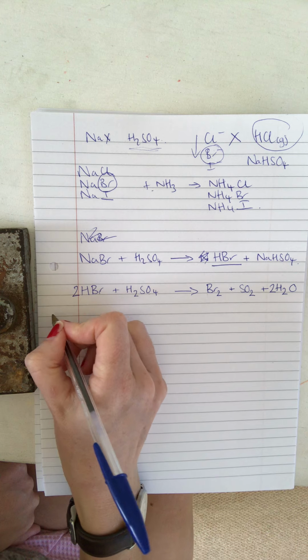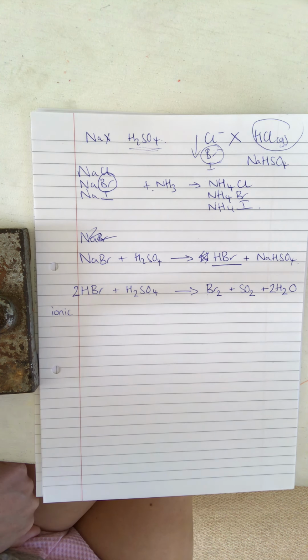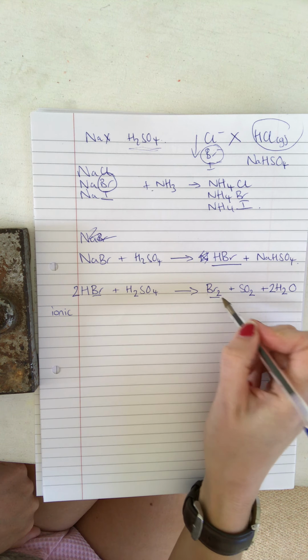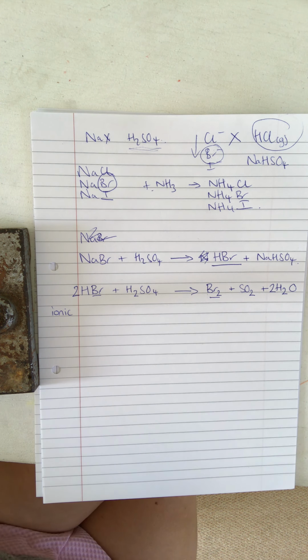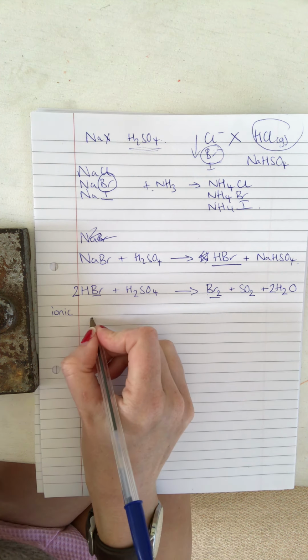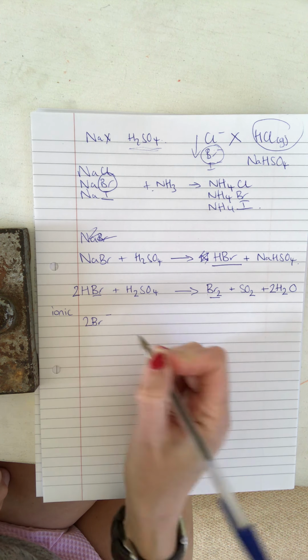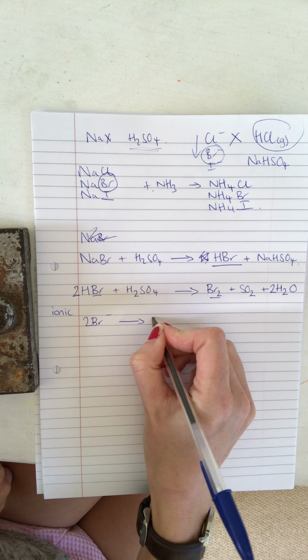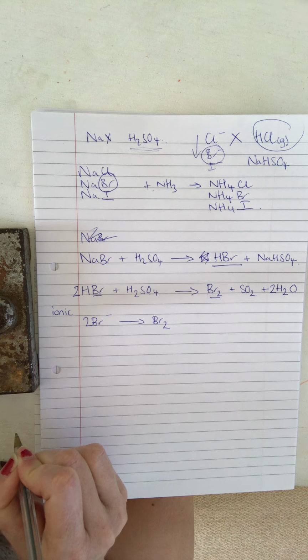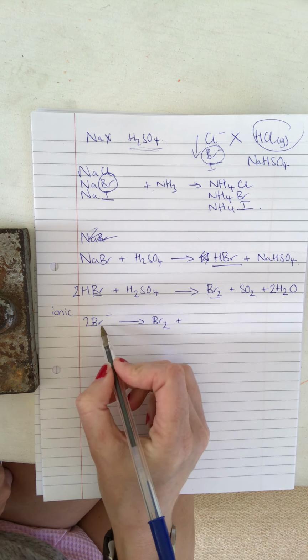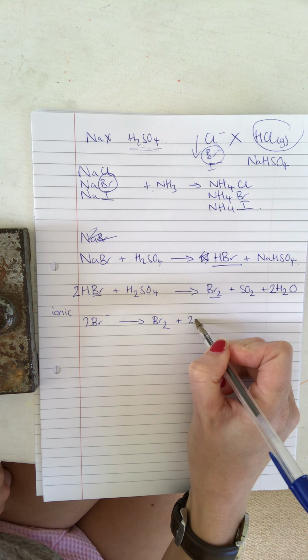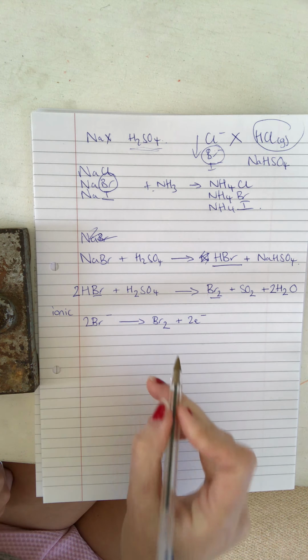Most commonly you will be asked for the ionic equation here. So let's start with what's happening with our bromide ions becoming bromine. So we've got 2 Br minus, and that is becoming Br2. It has lost electrons, therefore we need 2 electrons on that side.